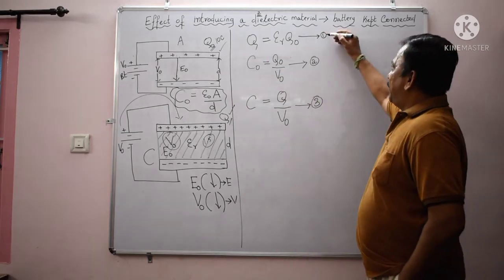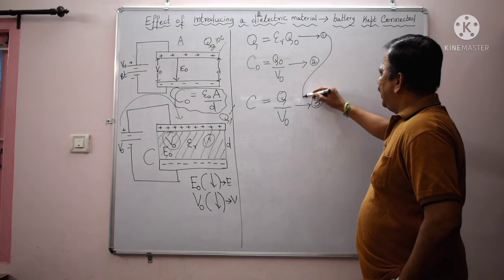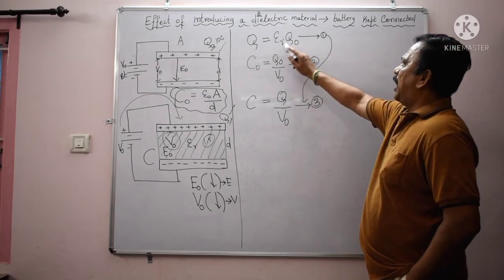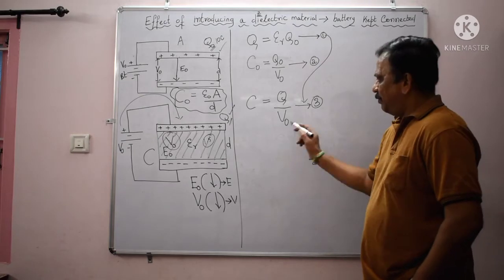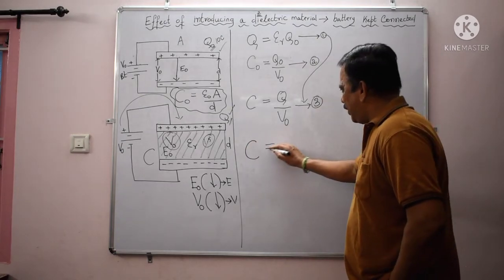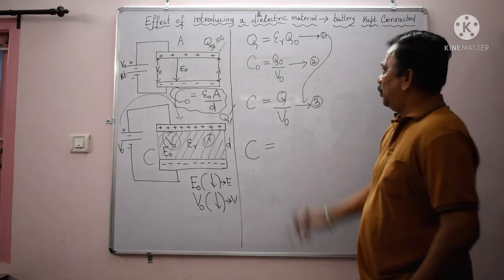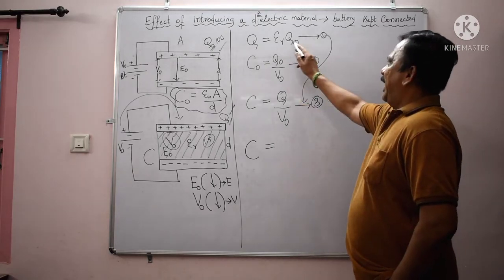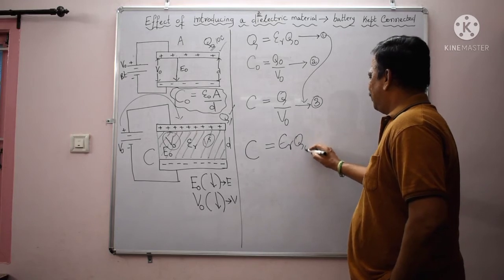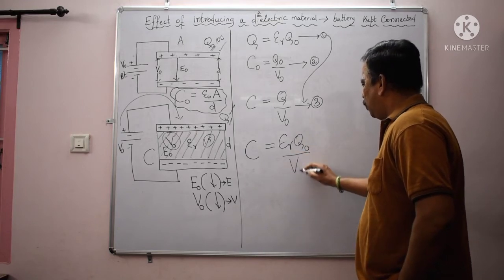Now let me substitute 1 in 3. That is, instead of Q, let me use epsilon R into Q0. So the capacitance C after introducing dielectric is equal to epsilon R into Q0 divided by V0.